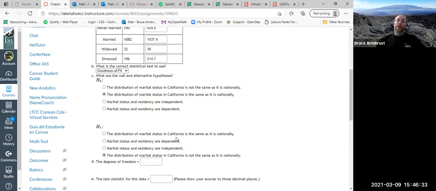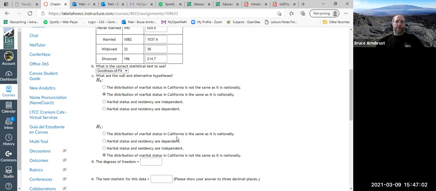Think about all those other tests we did, where we had to put in the mean is not equal to, the mean is greater than, the mean is less than, or the proportion is greater, whatever. We had to pay attention to which one it was. This time, nope. Goodness of fit is either equals or not equals.